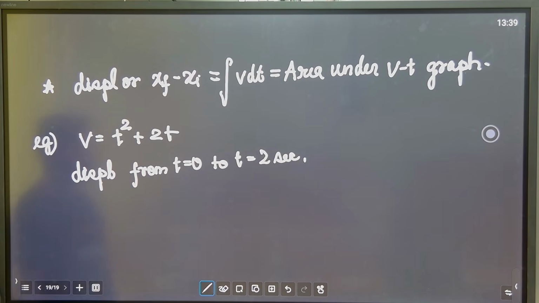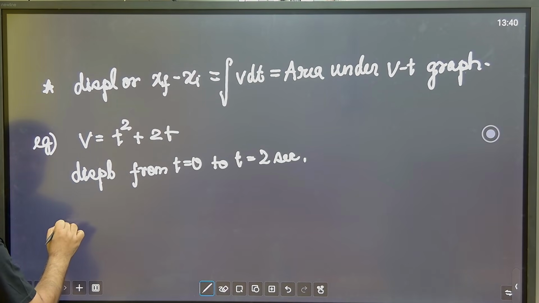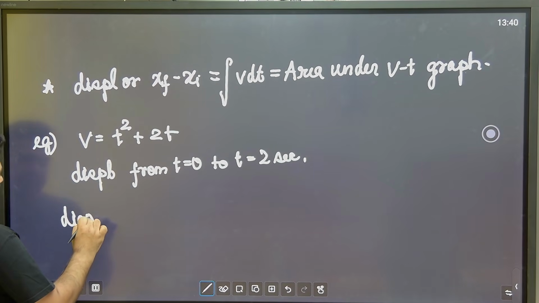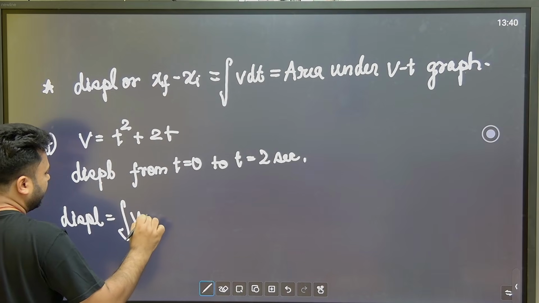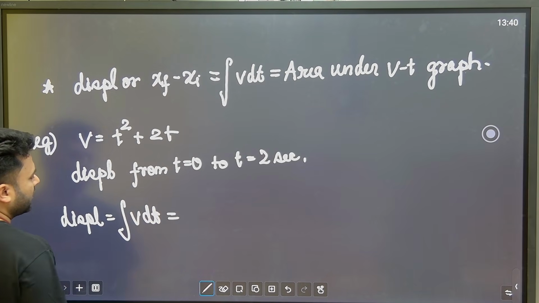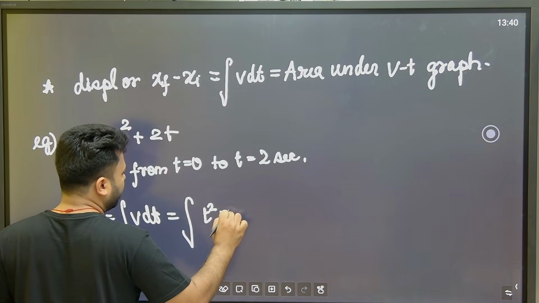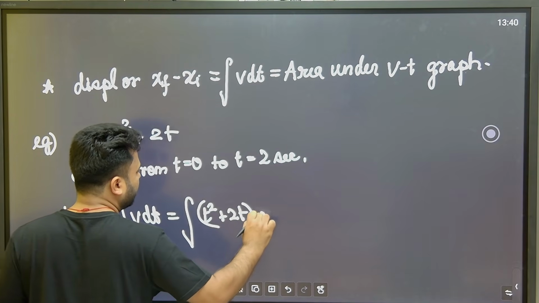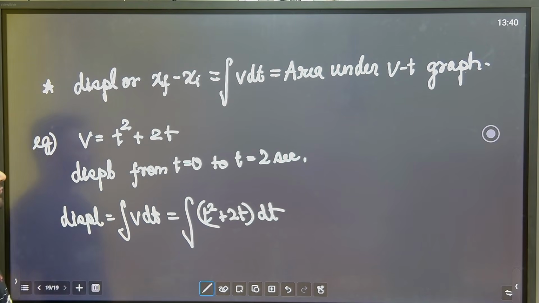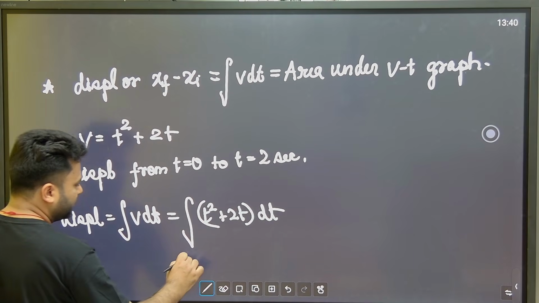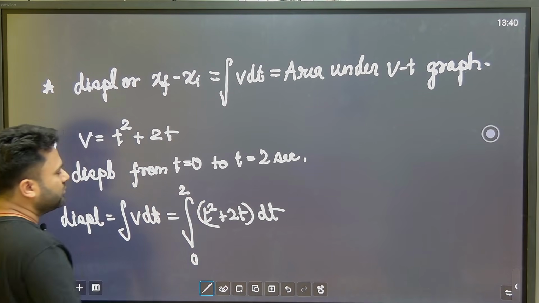Displacement they are asking. So displacement will be integration of v dt. So integration of v, what is velocity? t square plus 2t, dt. From where to where? From time 0 to time 2.